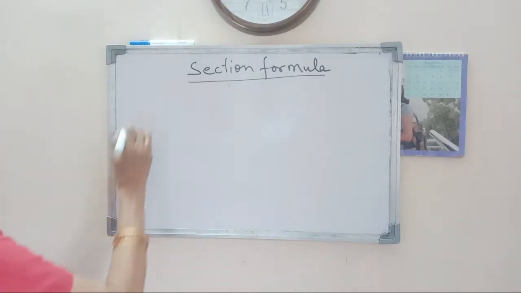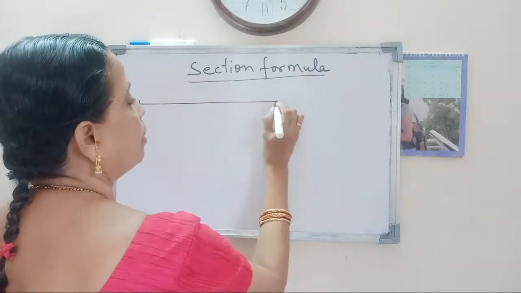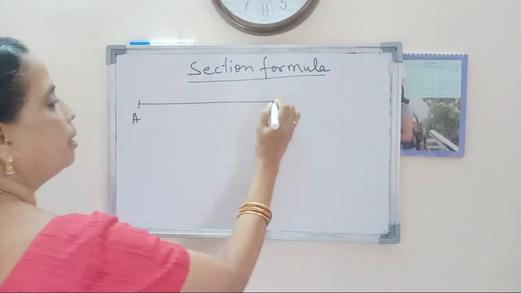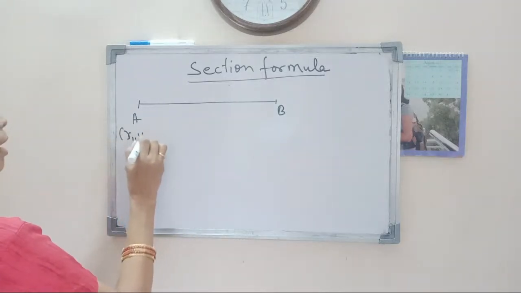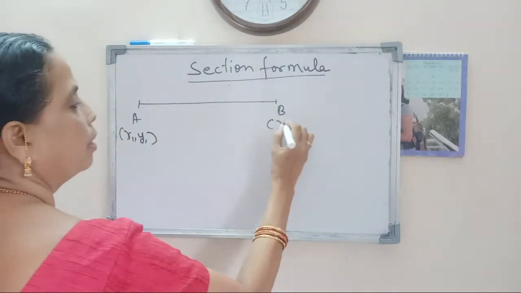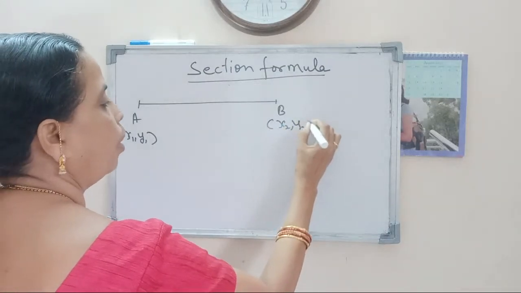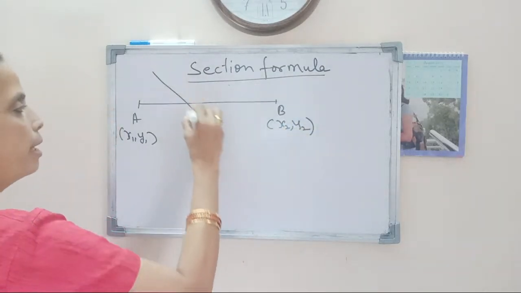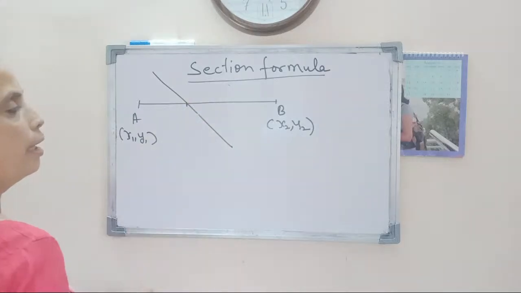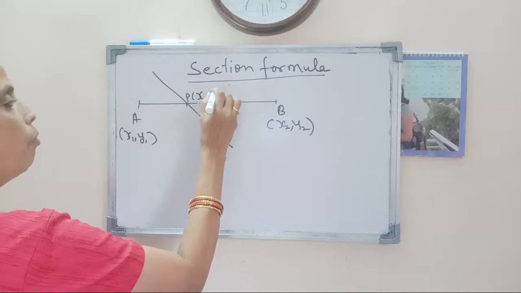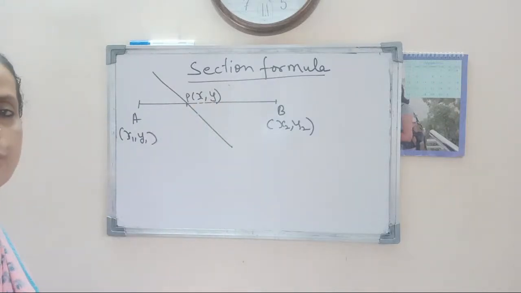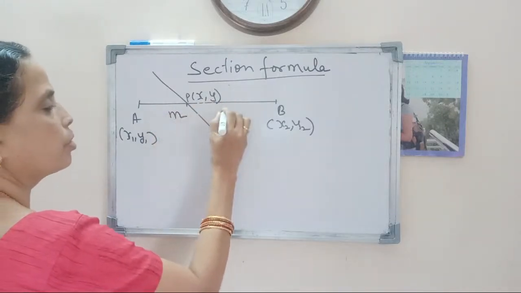Okay, let us consider a line segment AB with ordered pairs x1, y1 and x2, y2, which is bisected by another line at point P, x comma y, in the ratio m is to n.